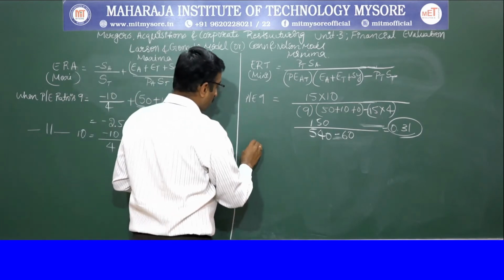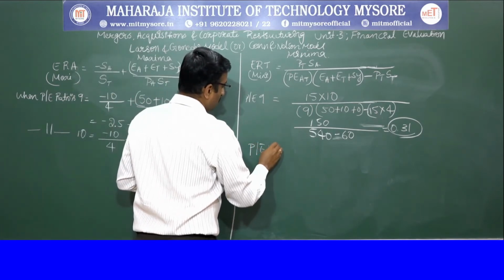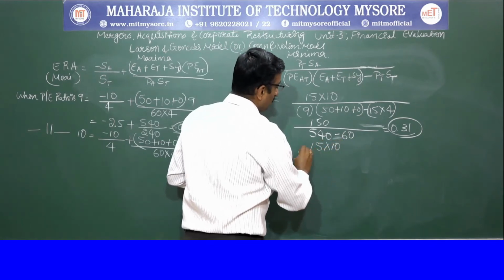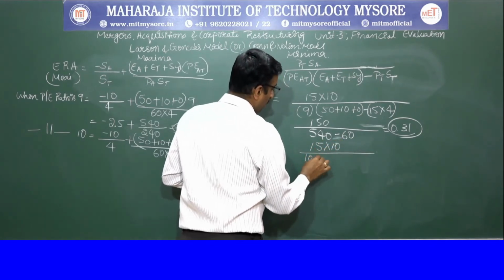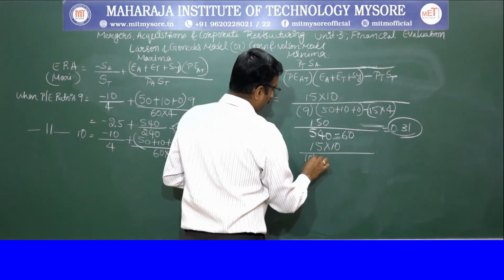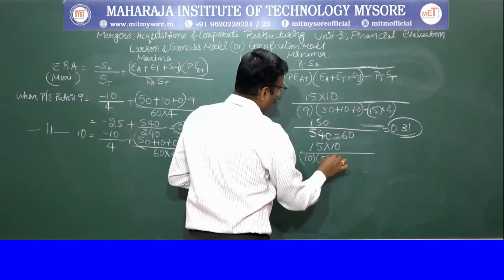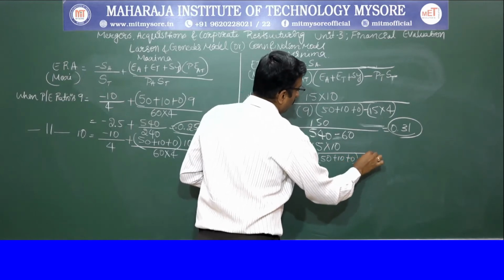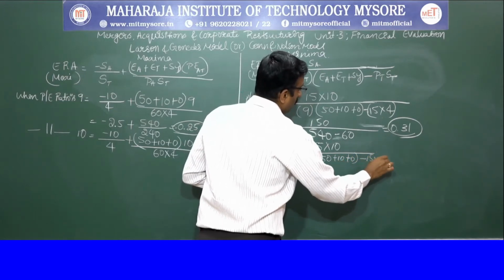Same thing you do when PE ratio is 10 times for mini. So you take 15 into 10 divided by 10 into 50 plus 10 plus 0 minus 15 into 4.